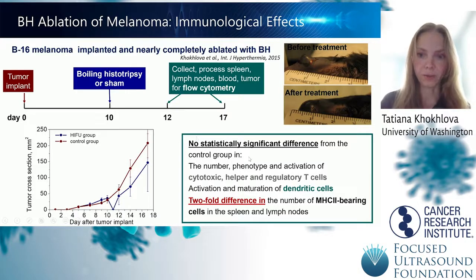And in terms of immune cell populations, there was disappointingly no statistically significant difference in the number, phenotype, or activation of any of the T cells or maturation of dendritic cells. However, there was a twofold difference in the number of MHC2-bearing cells in the spleen and lymph nodes, which indicated that there is an inflammatory process going on. However, it wasn't enough.